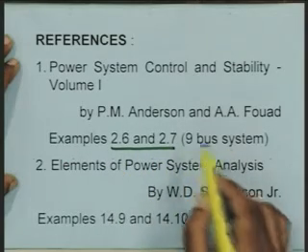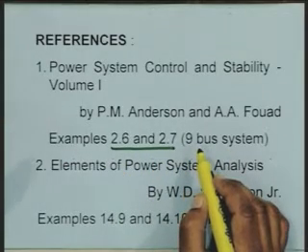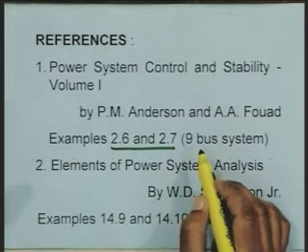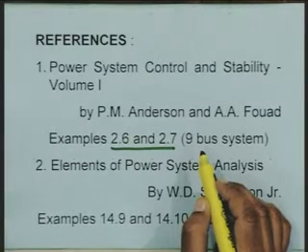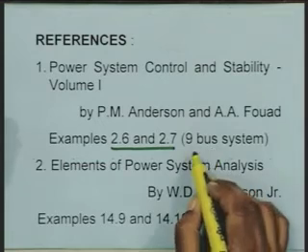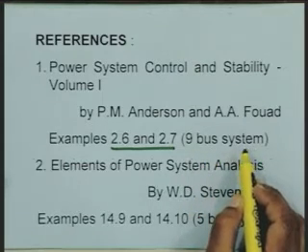These examples are very commonly used for illustrating transient stability analysis. It is a 9-bus system with a total of 3 generators and 9 buses. In these two examples, all the step-by-step computations have been carried out to illustrate the steps involved in solving the transient stability problem.